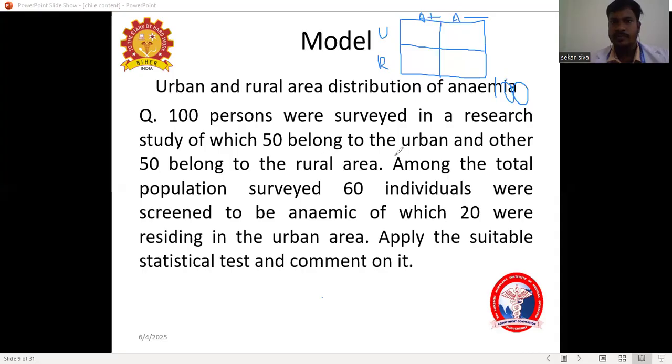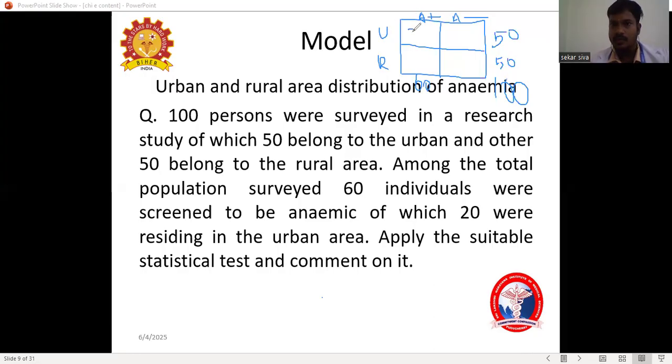So 100 were surveyed in the research study, of which 50 belong to urban and the other 50 belong to rural area. So here 50, here 50. Among the total population surveyed, 60 individuals were screened to be anemic. So anemic total, both urban and rural, is 60, of which 20 were residing in the urban area.